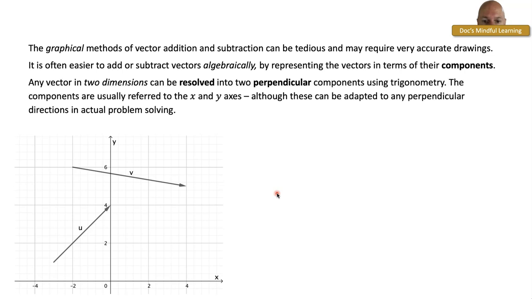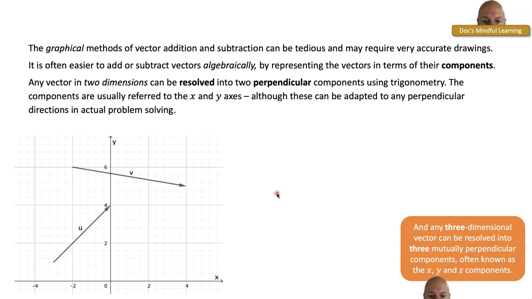Now any vector can be broken up into components, and a vector in two dimensions can be resolved into two perpendicular components using a little bit of trig. Generally in maths we'd refer them to the x and y axes, but in applications we might refer them to some other set of perpendicular axes.